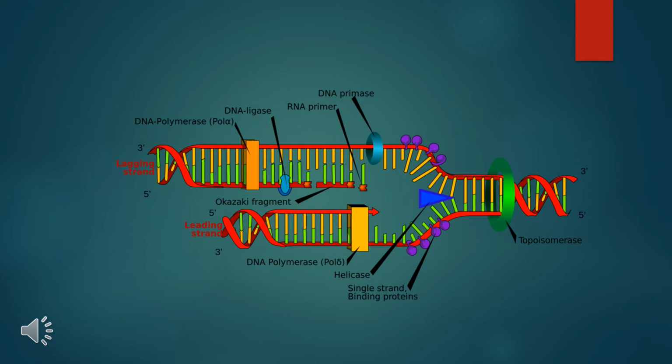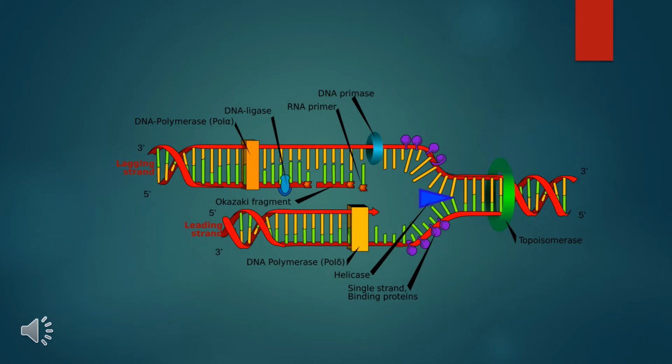DNA replication can be thought of in 3 stages: initiation, elongation, and termination. In the initiation stage, DNA synthesis is initiated at particular points within the DNA strand known as origins, which are specific coding regions.